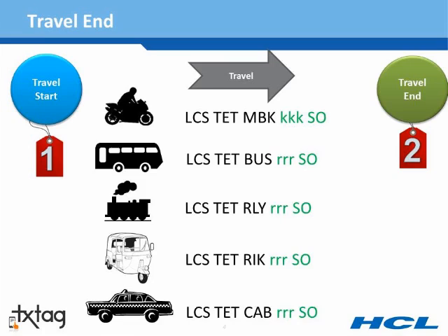So if you have traveled 5 kilometers for the SO number 1 2 3 4 5 6 7 8 9 0, then you will type in LCS space TET space MBK space 5. If your distance is 15 kilometers, you can type in 15. If your distance is, let's say, 100 kilometers, then you can type in 100.